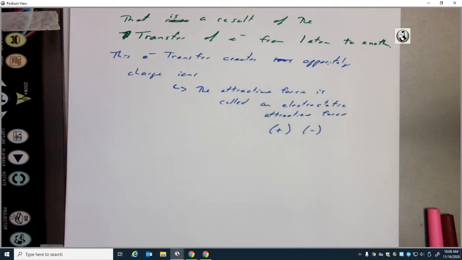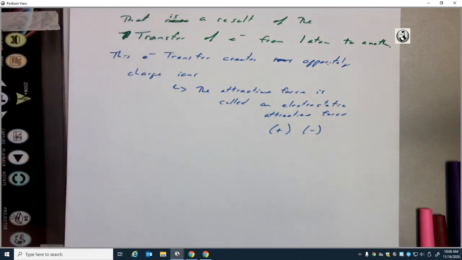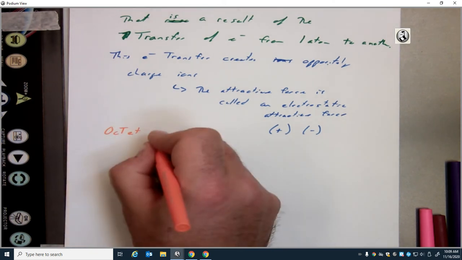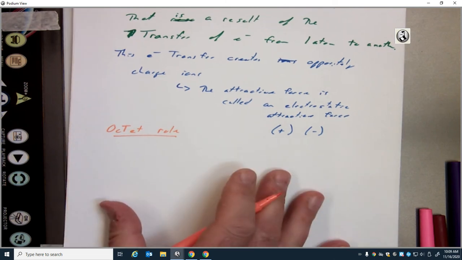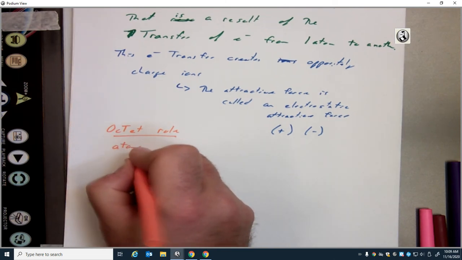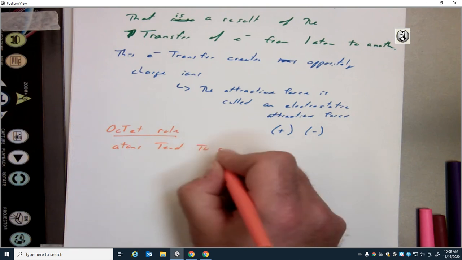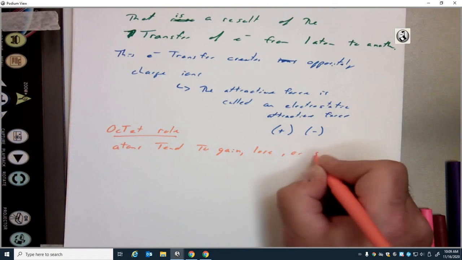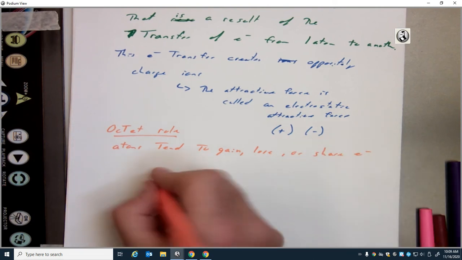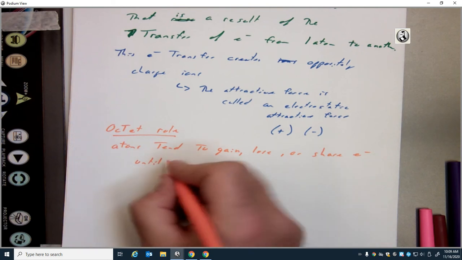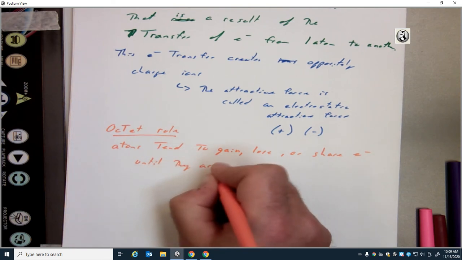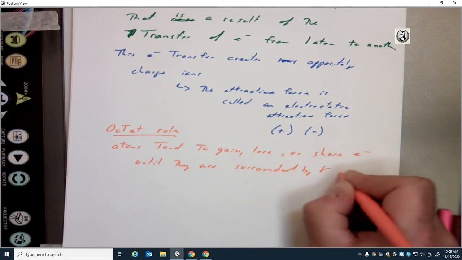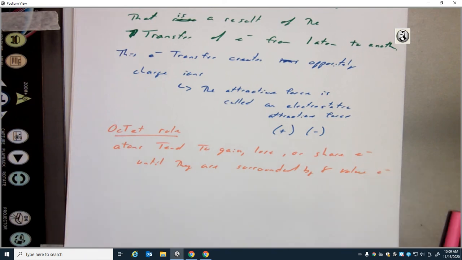Now, let's talk about the octet rule. Atoms tend to gain, lose, or share electrons until they are surrounded by 8 valence electrons.